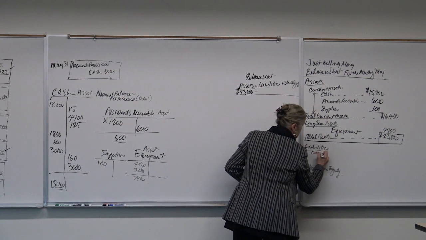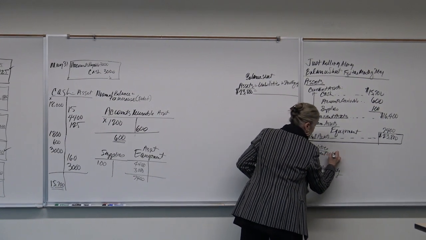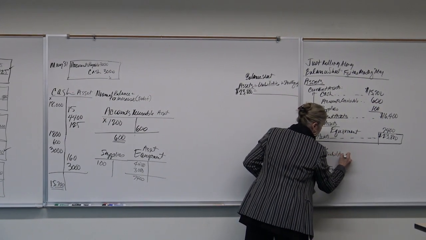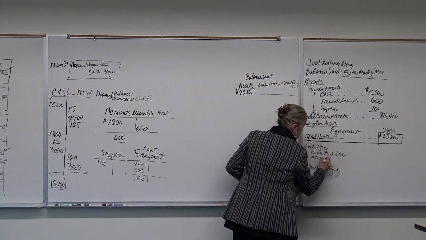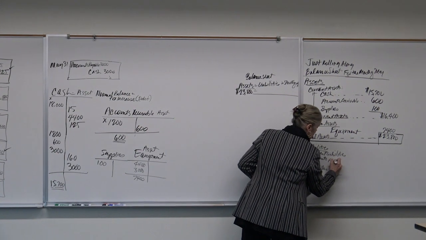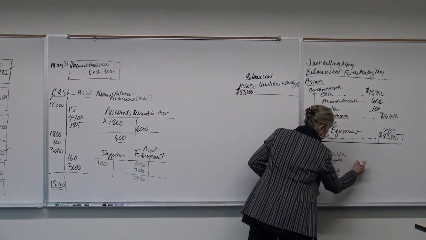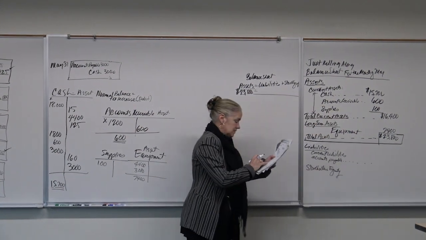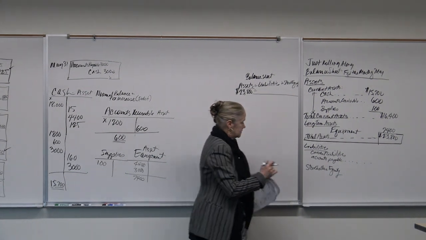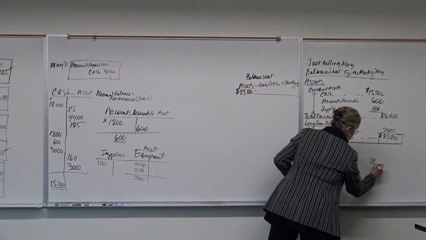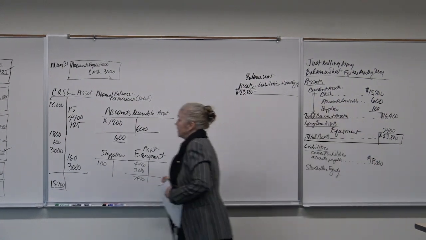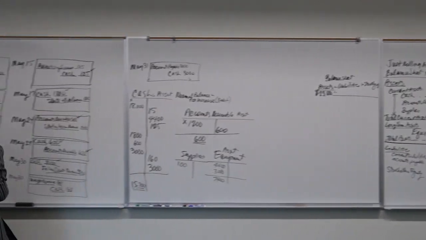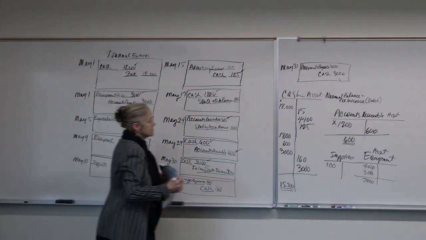Current liabilities first. We have our accounts payable. When we go back over here, we see we have accounts payable of $3,000.